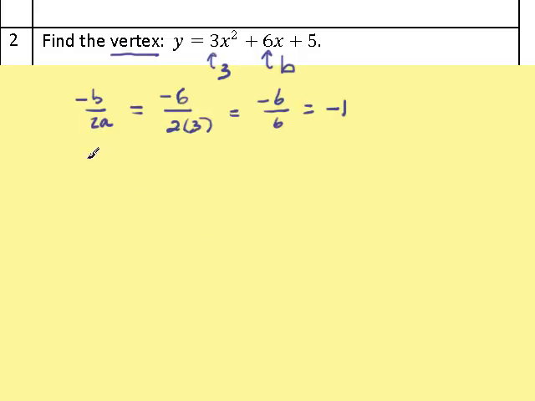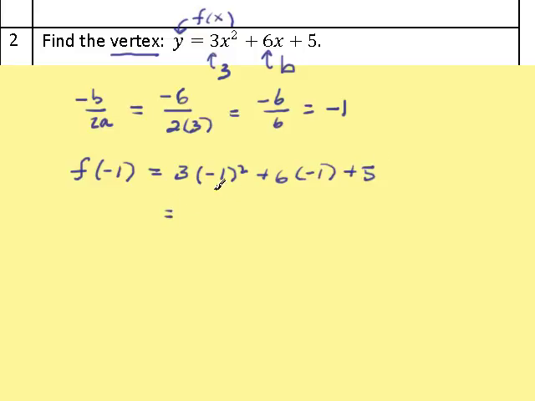To get the y-coordinate, we're just going to substitute in. I'm calling this f of x now, using that notation. So f of minus 1 is equal to, just substitute in here, minus 1 for x. So we have minus 1 squared plus 6 times minus 1 plus 5.